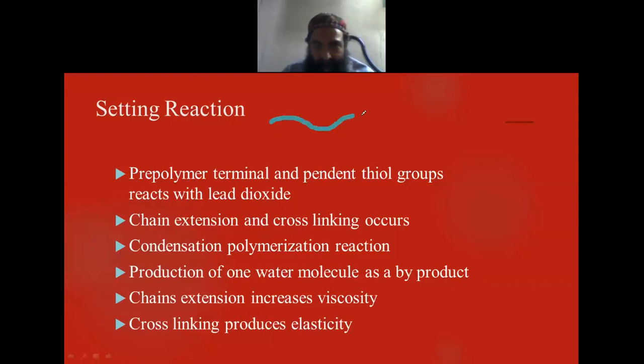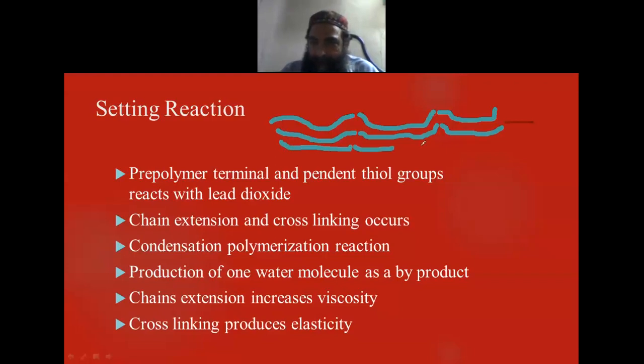It is one chain, then comes the other one, then the other one, then again another chain. I am giving some space for your understanding of how this extension occurs. So as the polymerization commences, chain lengthening or chain extension occurs.